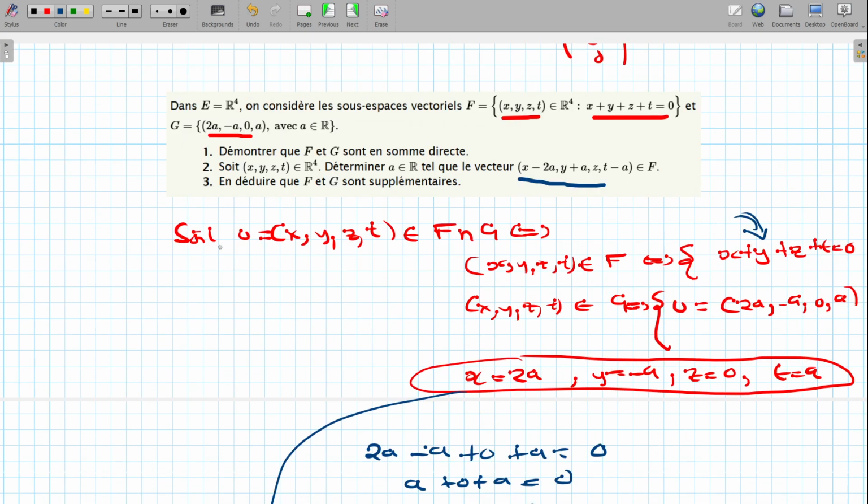So then exercise number 3, point number 3 is saying "on déduit que F et G sont supplémentaires". Before we answer the third question, let's understand this first term. "On déduit" means from the previous result, deduce that F and G are supplementary. So what is the previous result?